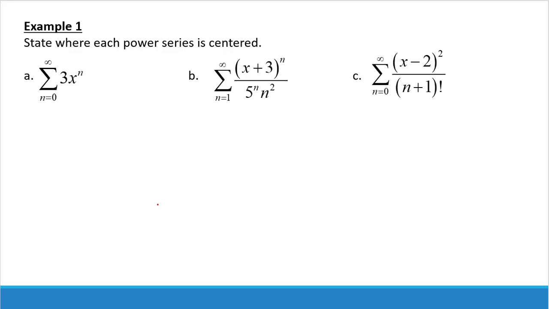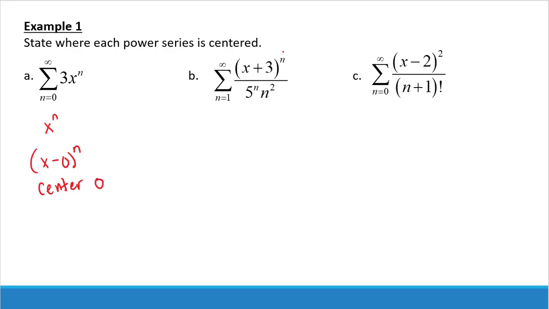So what you want to look at is this x to the nth term, and you write that as x minus 0 to the nth. So my center is 0.